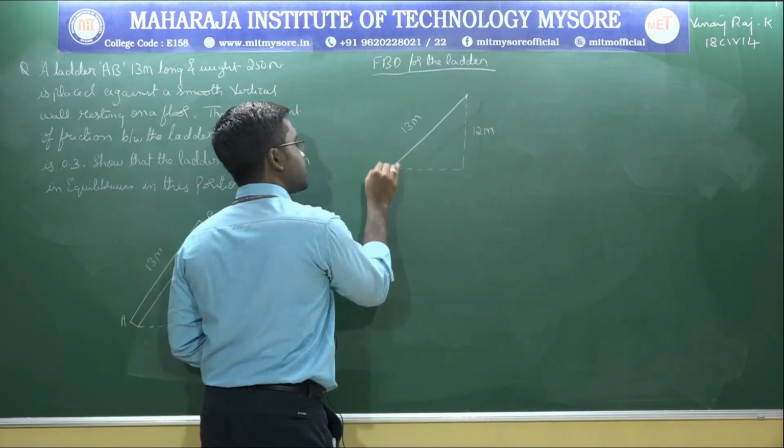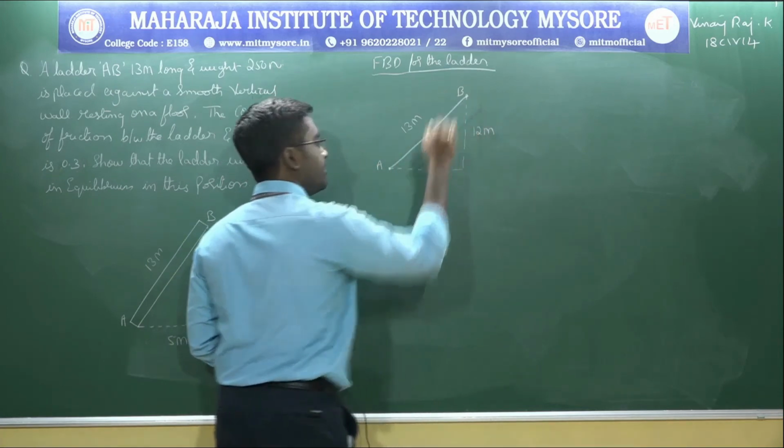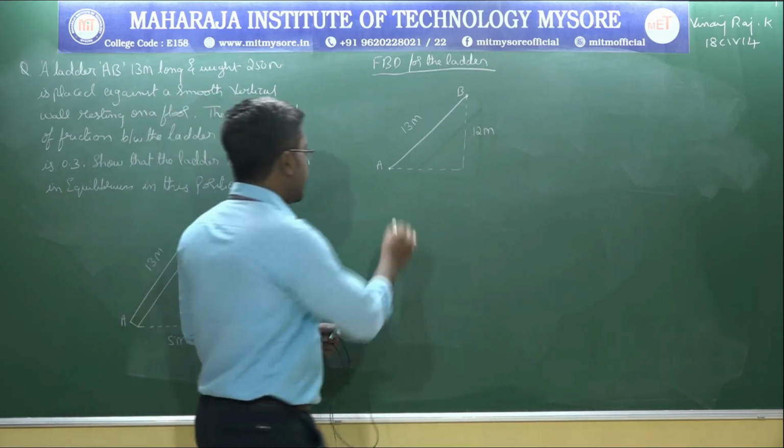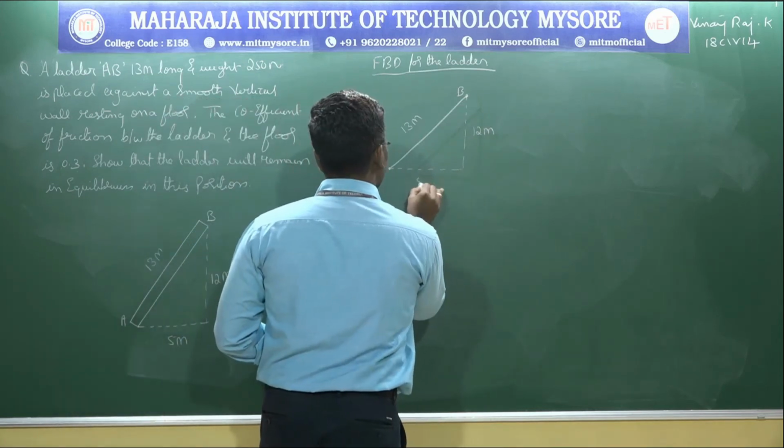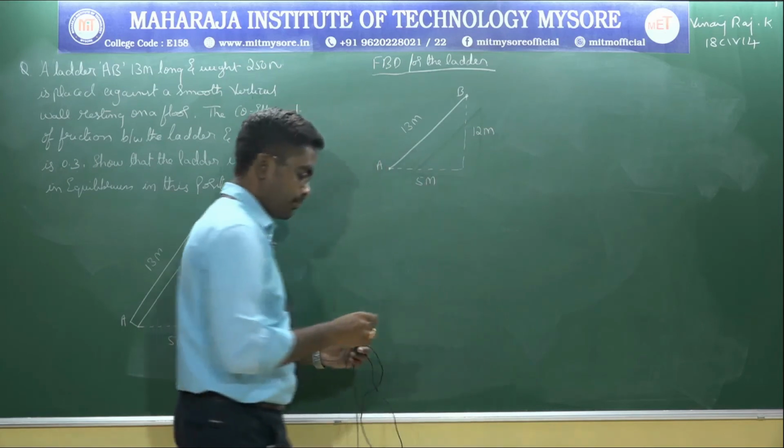So let me consider this is point A and this is point B. And here this length will be equal to 5 meters.